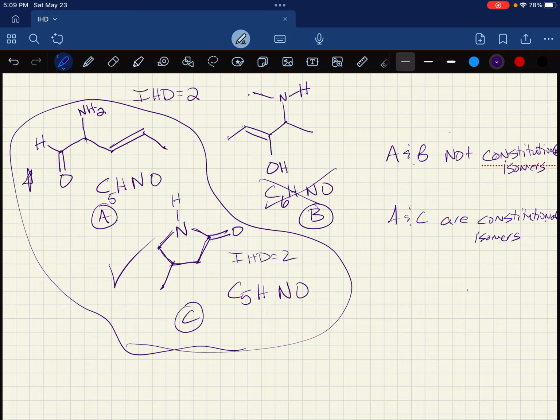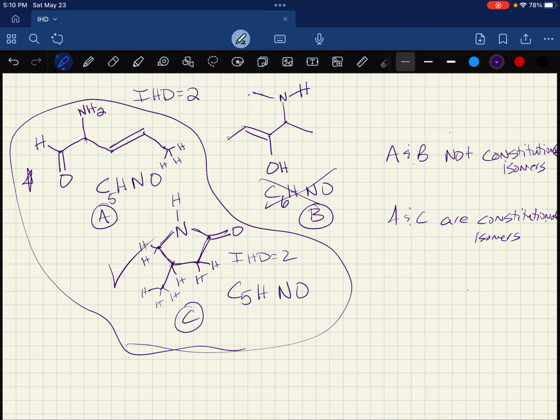Without counting hydrogen atoms. Now, if I'm worried that I didn't do something right and I have time, I can go back and double check. And of course, you can do this without actually drawing out the hydrogen atoms.